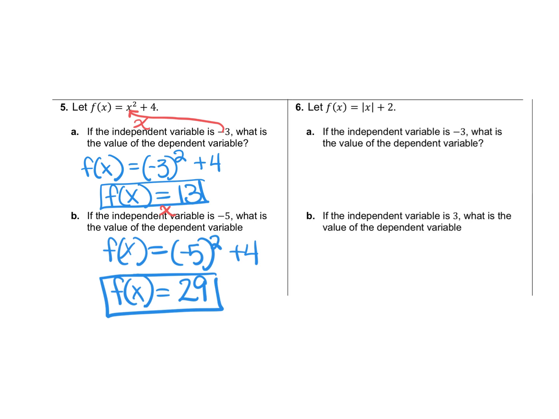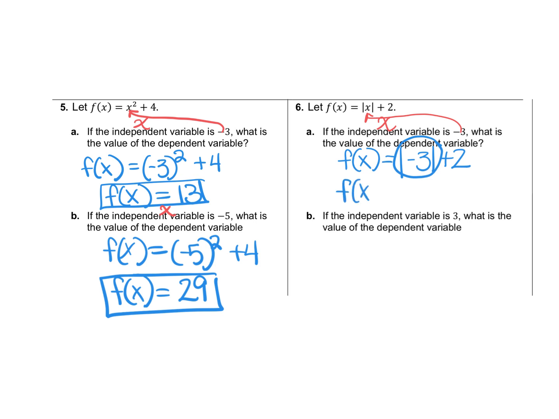And now in our last example, it says if the independent variable is equal to negative 3, we're going to have f of x is equal to the absolute value of negative 3 plus 2. And remember, back in a previous chapter we had learned that when you're simplifying, you have to take the absolute value of that number first, and absolute value is always going to be positive.